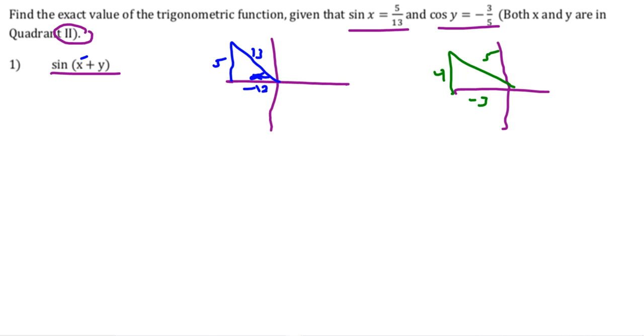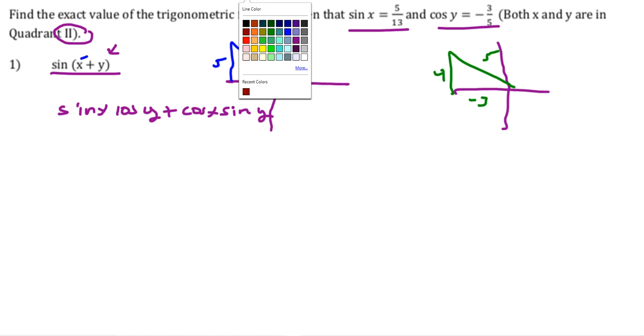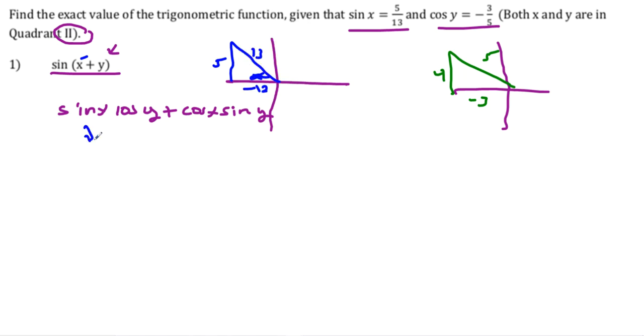Now we're going to go back to our sum identity of sine. If you remember, they bounce back and forth between sine and cosine. So you're going to have sine of x, cosine of y, plus cosine of x, sine of y. And we're going to substitute in.